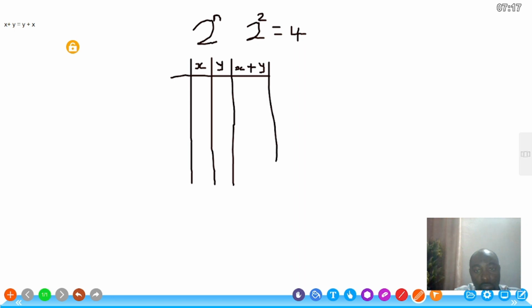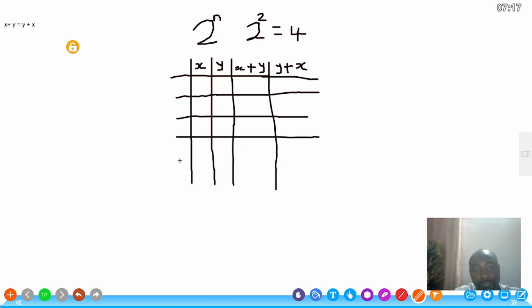At the fourth column, we are going to create y plus x so that we can compare the solutions, the left hand side with the right hand side. Remember, 2 raised to the power of 2, we have 4 input combinations, so we are going to have 4 rows to represent that. So let's populate our truth table, starting with the variable x.